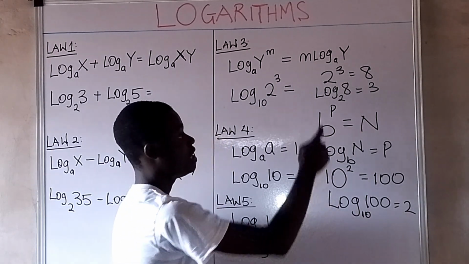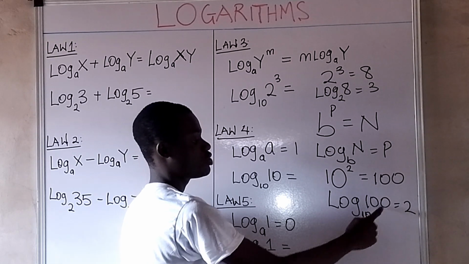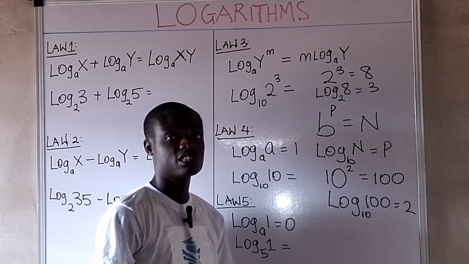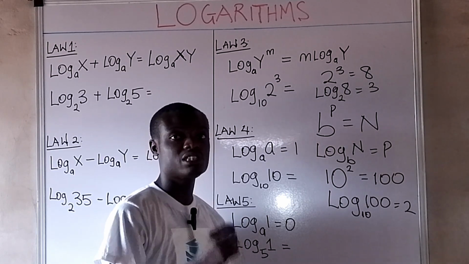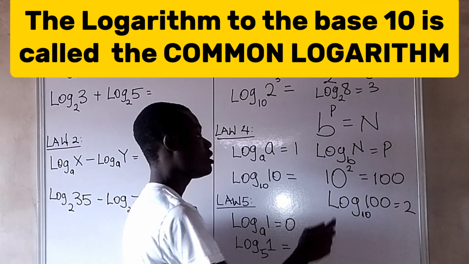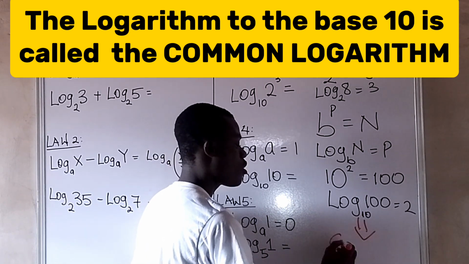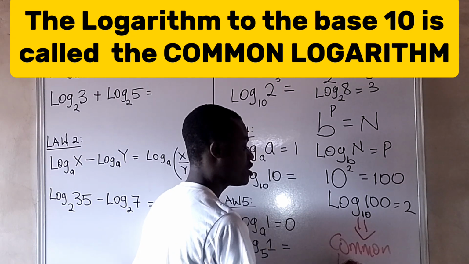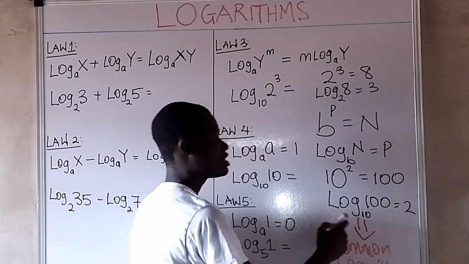For example, in this case, we have log 8 to the base of 2, and we have log 100 to the base of 10. There are several bases to which logarithm can be expressed, but the most common base used in calculation is base 10. So logarithm to the base of 10 is called the common logarithm. So whenever you are being told about the common logarithm, just know that they are referring to logarithm to the base of 10.